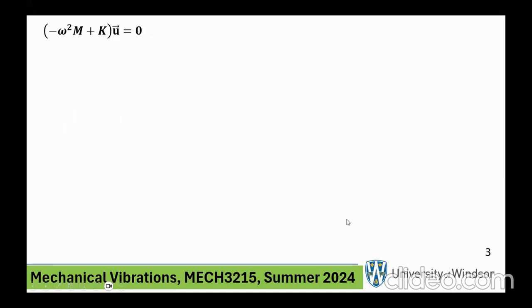Let me remind you that the mother of all equations for a multi-degree of freedom system, or two-degree of freedom system in particular, is given by that equation. In other words, minus omega squared, and omega is a natural frequency that we're supposed to find, times the mass matrix plus K, which is the stiffness matrix, times the mode shape equal to 0.